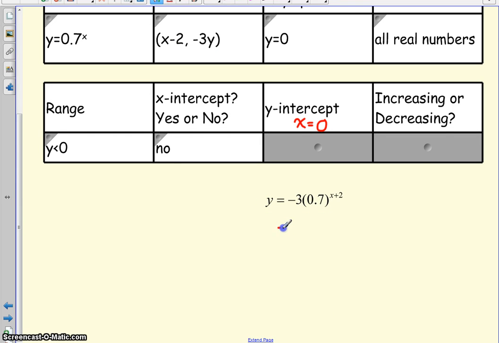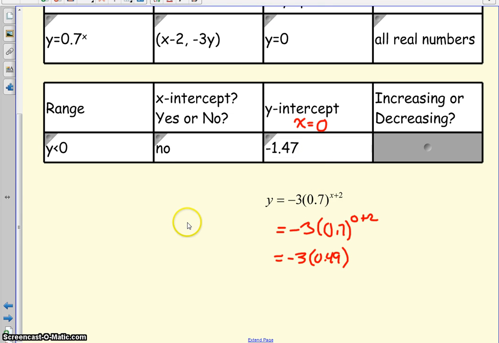So we get negative 3 times 0.7 to the 0 plus 2. So 0.7 all squared is 0.49, which times negative 3 gives you that negative 1.47.